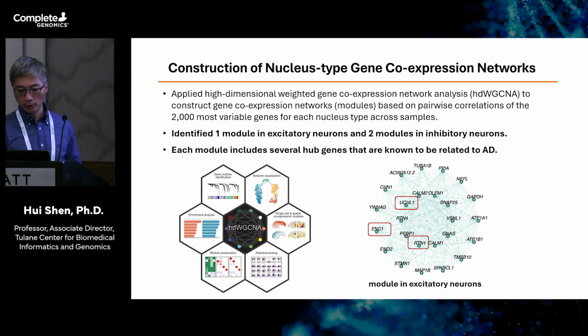Here is one example of the modules we identified in the excitatory neuron. It also shows some of the so-called hub genes, and we highlighted some hub genes that are known to be related with AD.